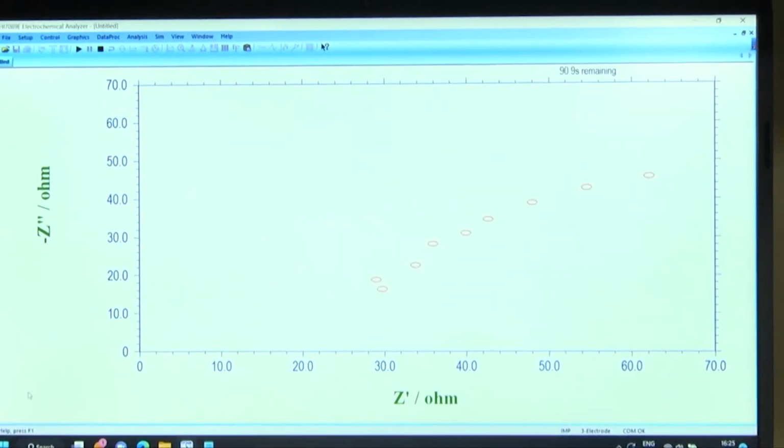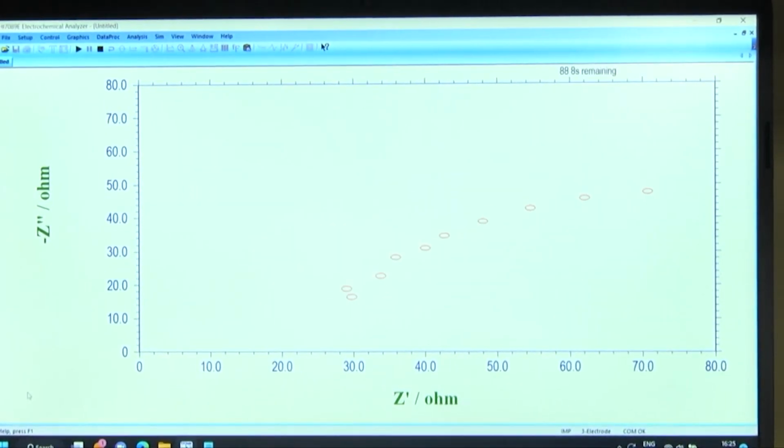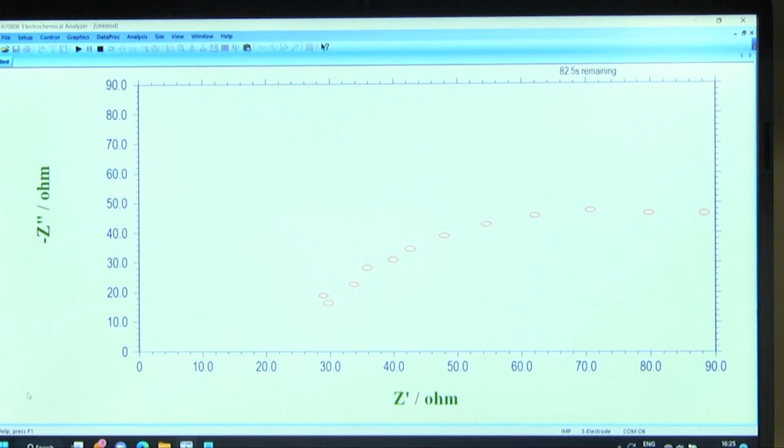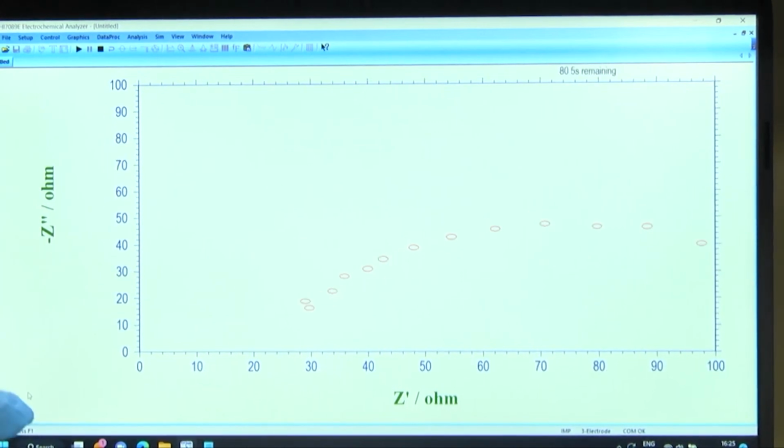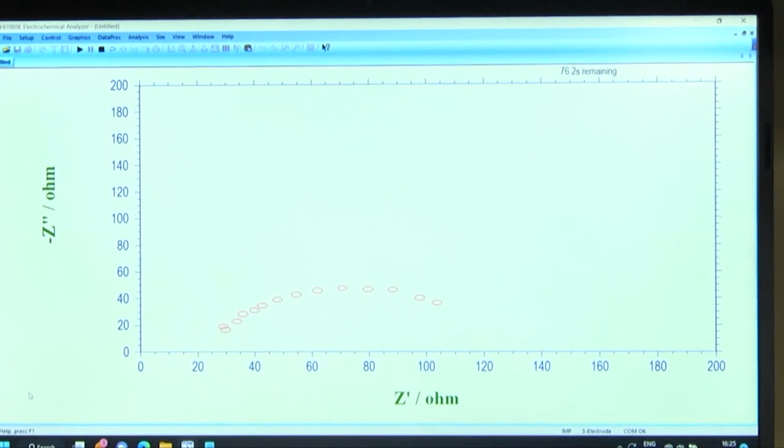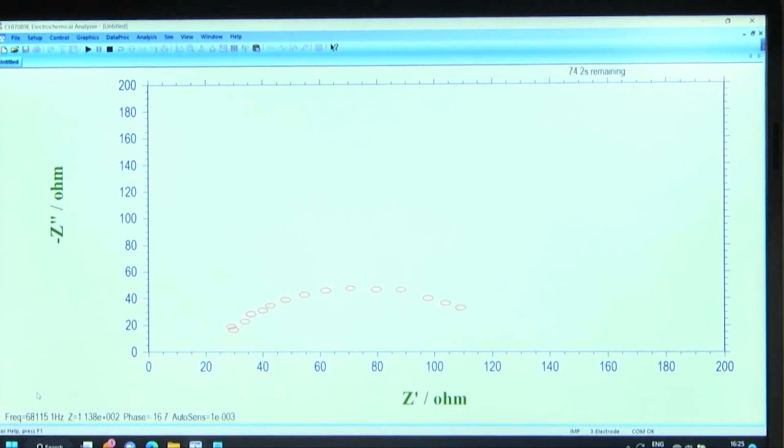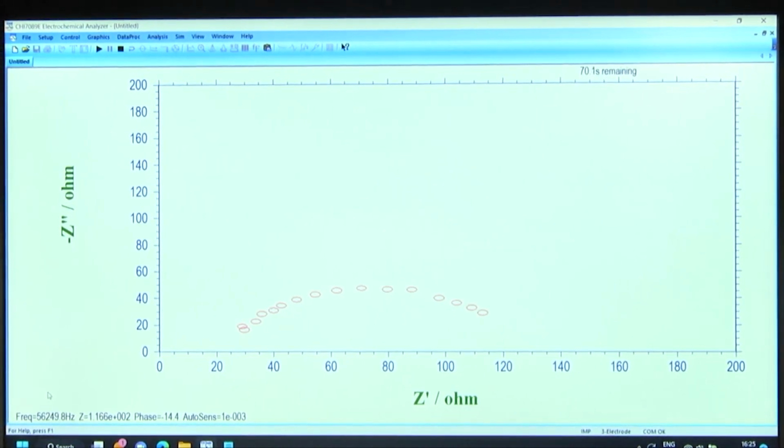As you can see, this graph is a Nyquist plot, which has the imaginary component on the y axis and the real component on the x axis. The mechanism that takes place in an electrochemical cell is an electrical double layer arrangement, with effects of both charge transfer and capacitance because of the double layer.